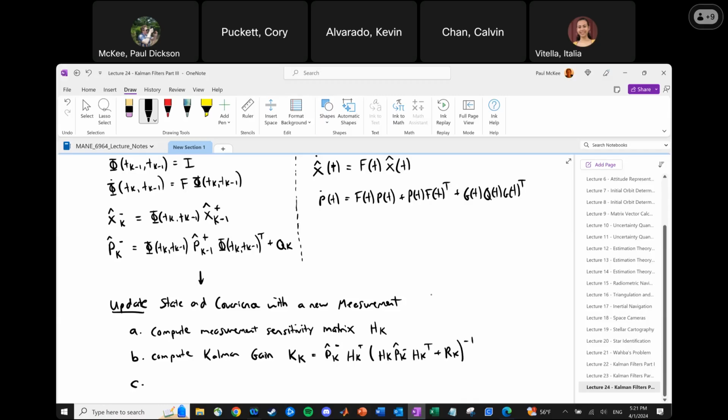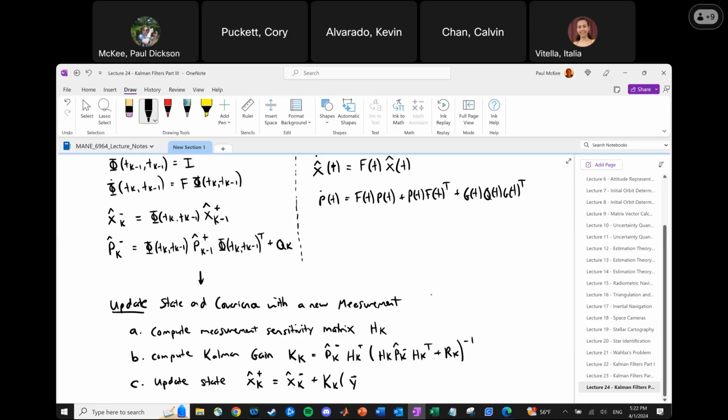C is we update the state using the state update equation, which we've already learned. And that's going to look like x hat plus, so it's at time k and it has been updated. Well, it's just x hat minus plus the Kalman gain times the residual.